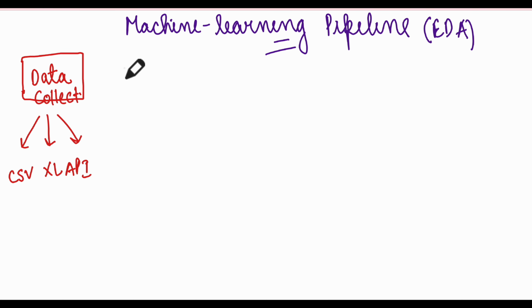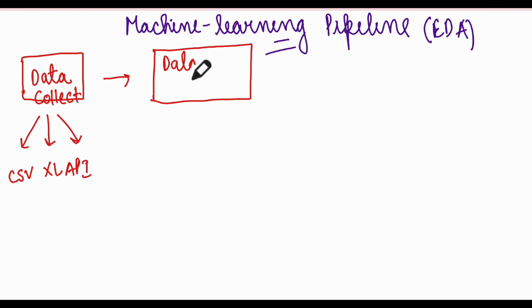The first step after that is data pre-processing. The major part is data pre-processing. Before analyzing or drawing any insights or making any predictions, we want to ensure that our data is in a readable format, does not have any issue, does not suffer any bias, and does not contain any discrepancies.